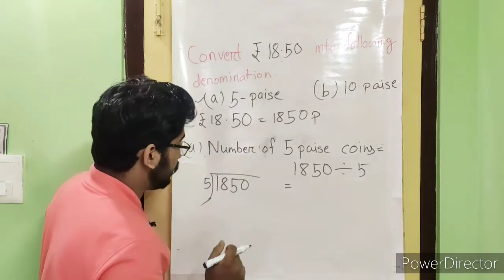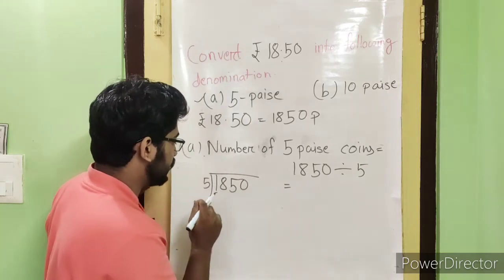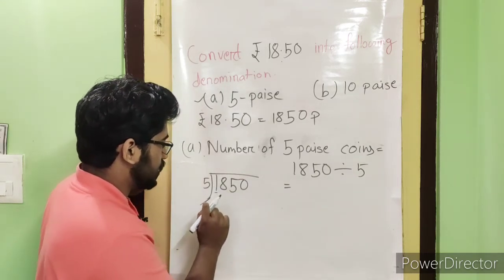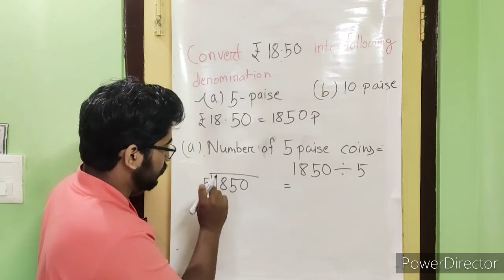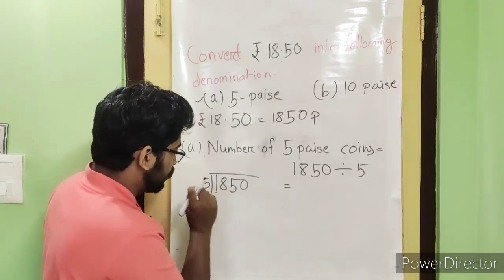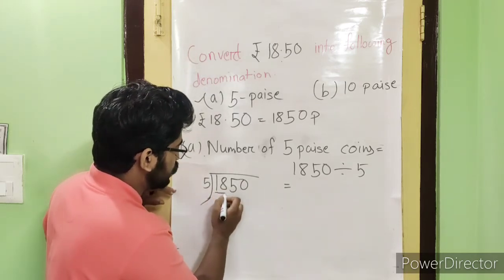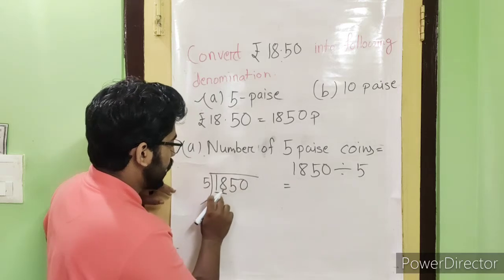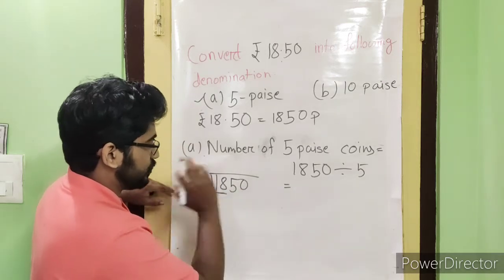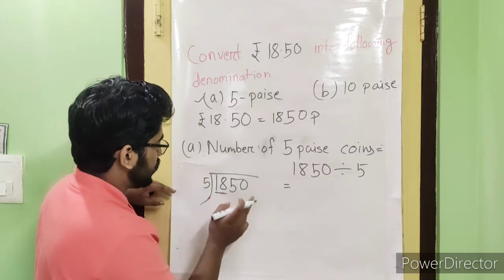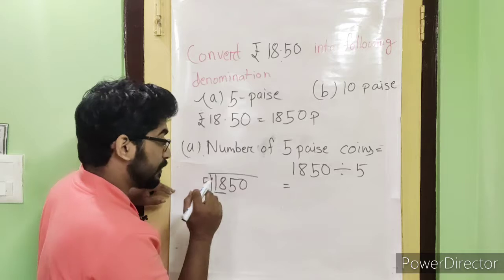5 1s are 5, 5 2s are 10. Because here the first number of the dividend is 1, which is smaller than the divisor. When the first number of the dividend is smaller than the divisor, we need to consider the first two numbers. So I am considering 18 and now I am doing the rest. 5 1s are 5, 5 2s are 10, 5 3s are 15, 5 4s are 20.